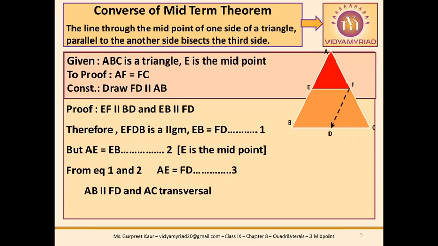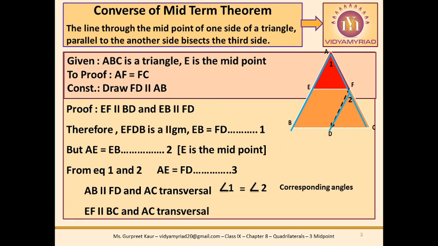Now AB and FD are parallel to one another by construction. If we take AC as transversal, then angle 1 will be equal to angle 2, as they are corresponding angles. In the same way, if EF is parallel to BC and again AC is a transversal, then angle 3 will be equal to angle 4.